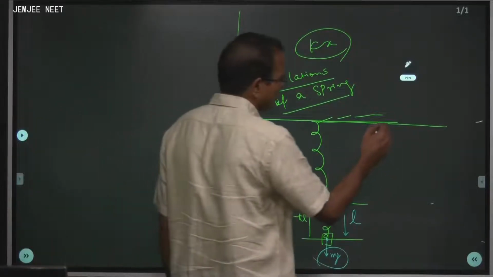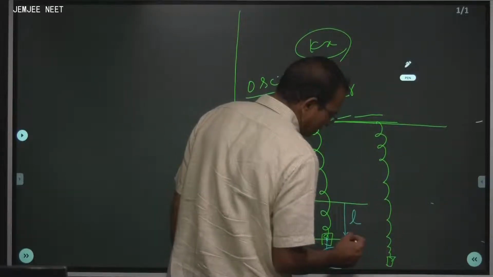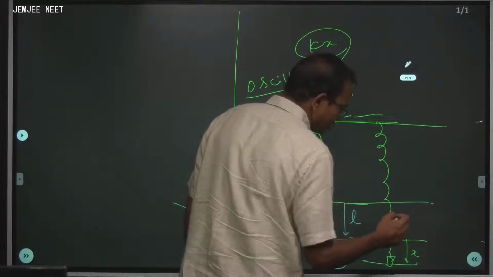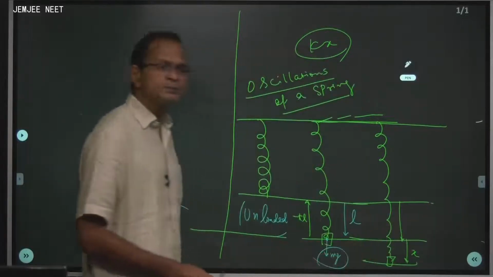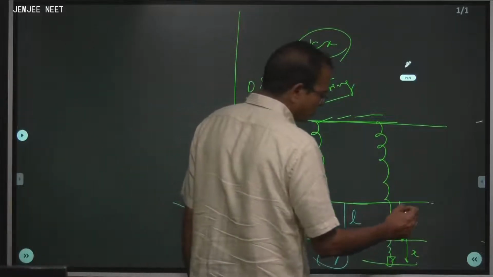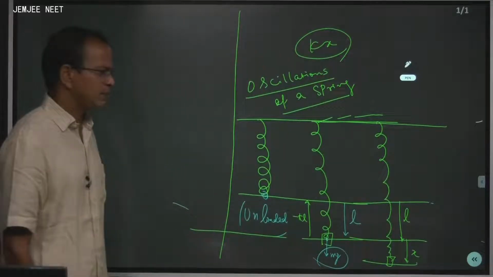Now, if you elongate it further, beyond this k into L, I am holding it an additional distance x. Then what's your total elongation right from the zero load? Already elongated by L, now it got an additional distance, so L plus x.